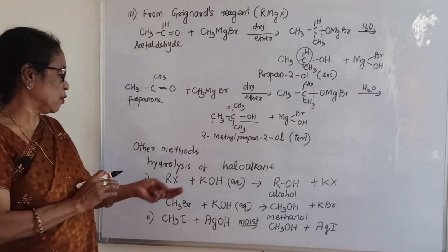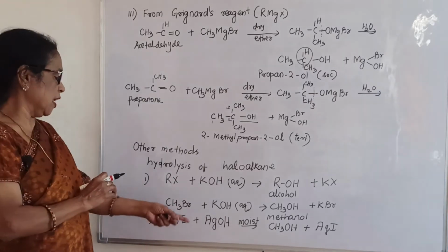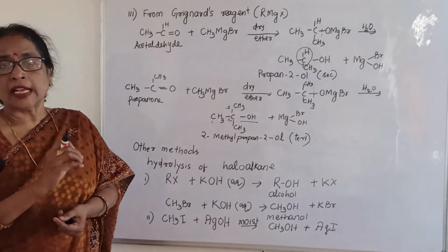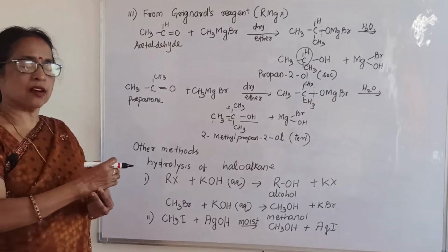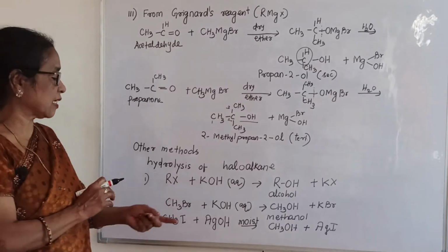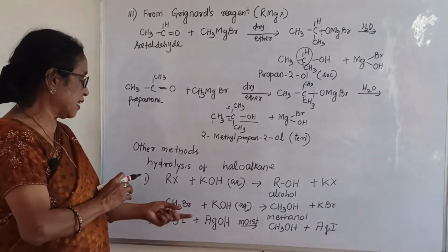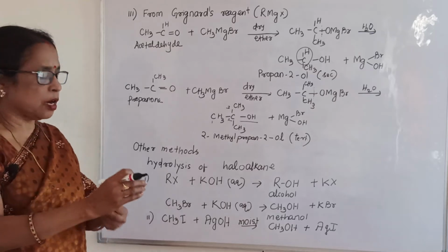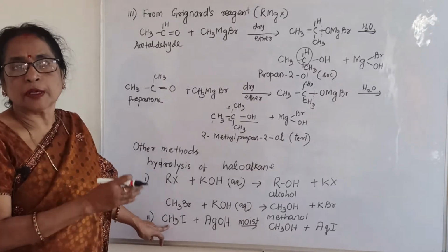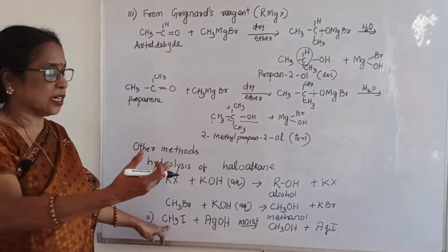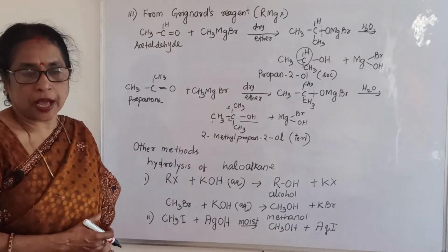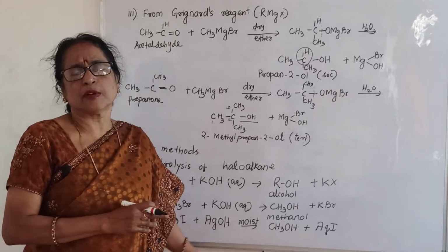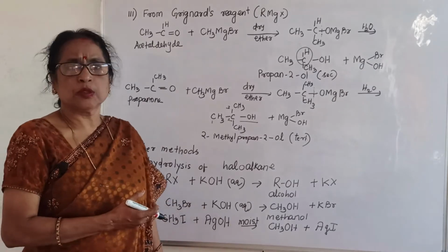Another example, it is one type of hydrolysis with aqueous KOH. Similarly, with silver hydroxide in moist condition, moist AgOH, what happens? It also gives an alcohol, only the reagent is different. First case aqueous KOH, second case moist AgOH. It also produces alcohol; you should observe the number of carbons present in the alkyl halide, and according to that you write the alcohol as the product. Now you see CH3I. One carbon is there, that is why a one-carbon alcohol is produced, that is methyl alcohol.